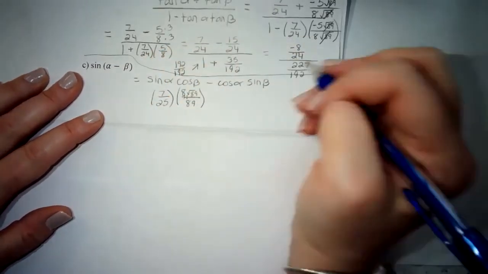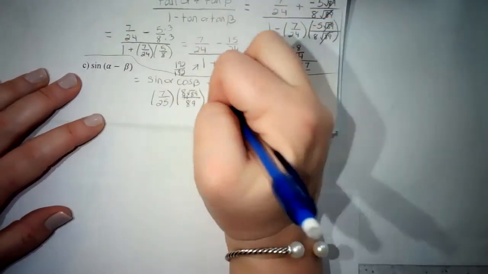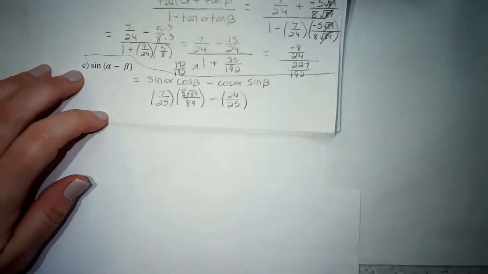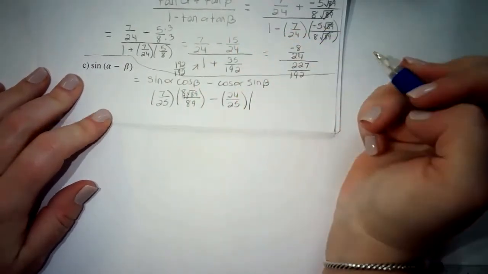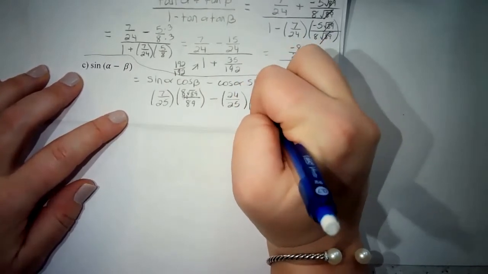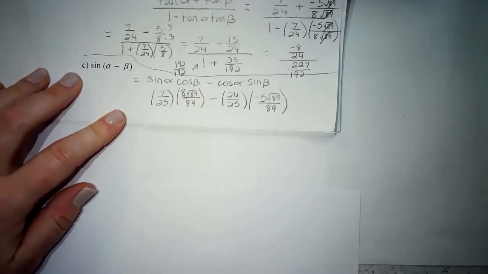Cosine alpha means go to the alpha chart, x over r. Sine beta, go to the beta chart, y over r. Okay, there we go.